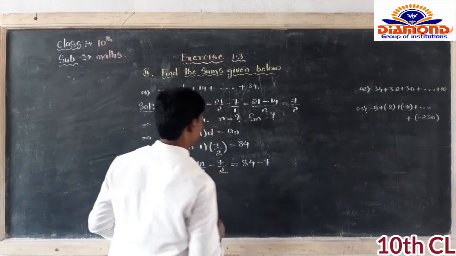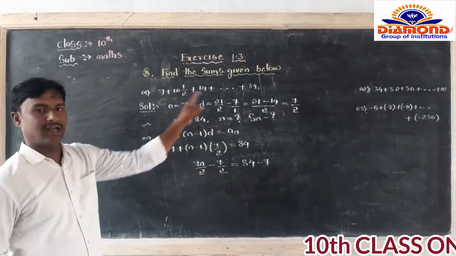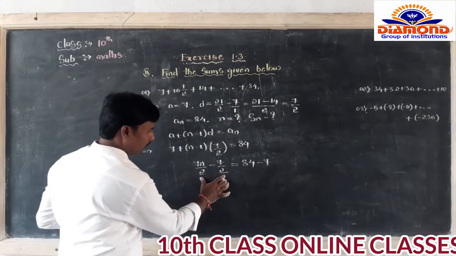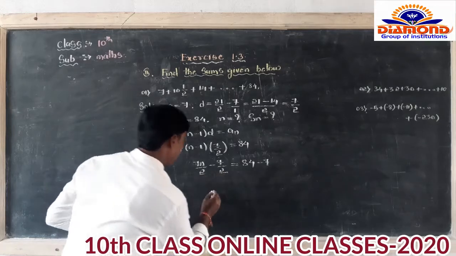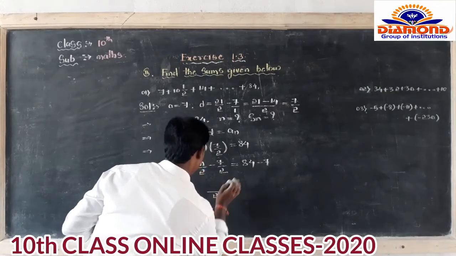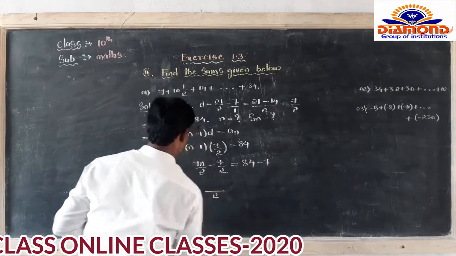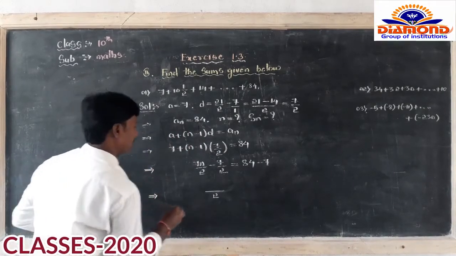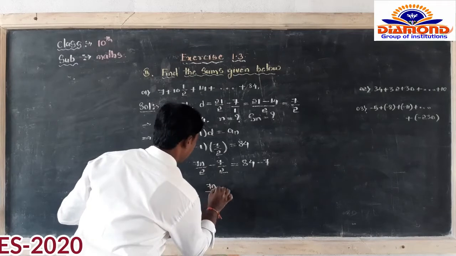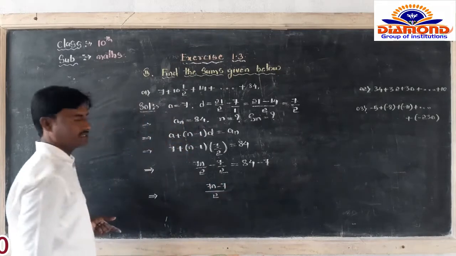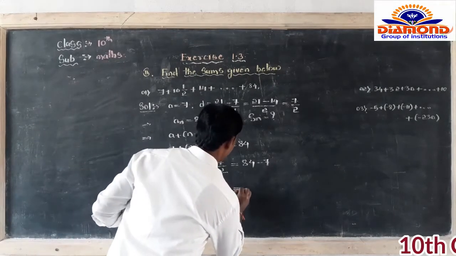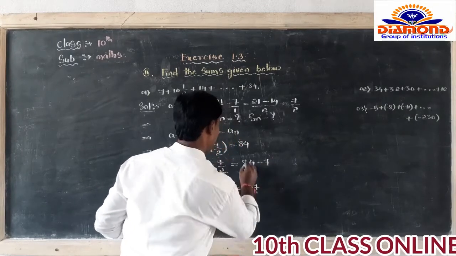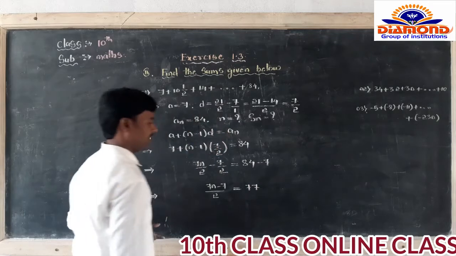The plus 7 comes to this side, that is minus 7. Here both the denominators are the same, so we take the common denominator, that is 2, and the numerator is 7n minus 7. Next step, 14 minus 7 is equal to 7. Understand?